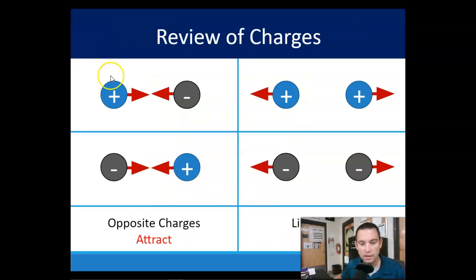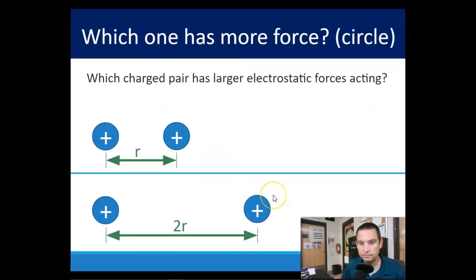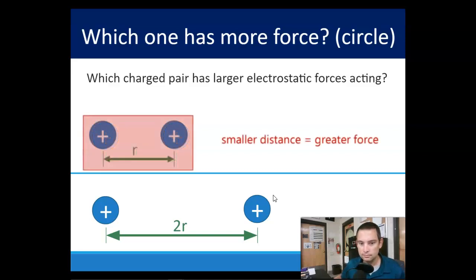Review of charges. Opposites attract. Likes repel. Which charged pair has a larger electrostatic force acting? This one. Smaller distance means you are going to experience a greater electrostatic force.